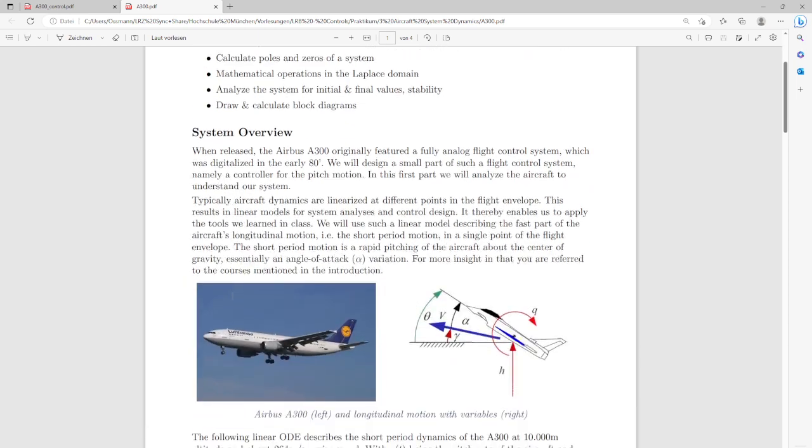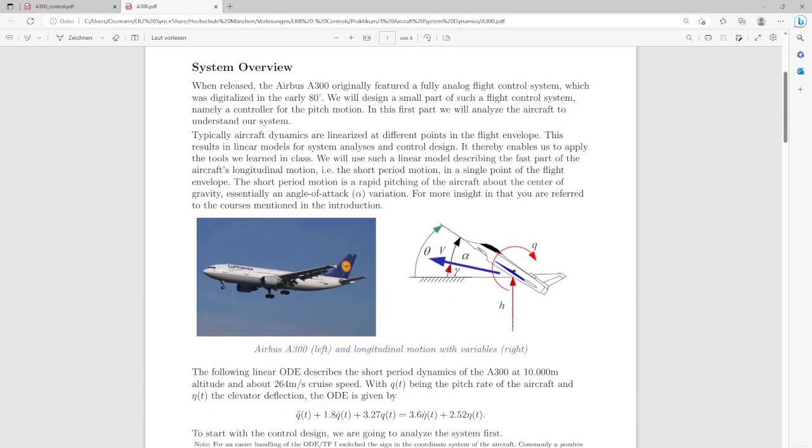Okay, some general introduction. So the A300 originally had an analog flight control system, right? So very basic, and it was digitalized in the early 80s to a fully digital flight control system. And we're going to actually design a very small part of it.